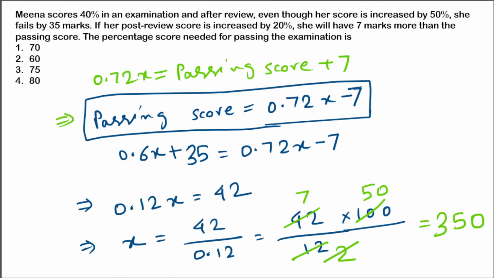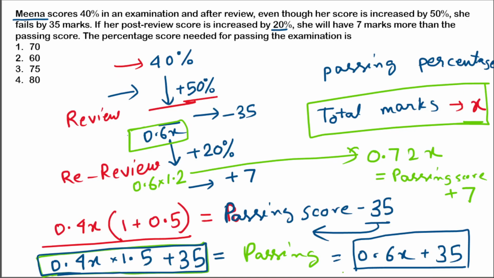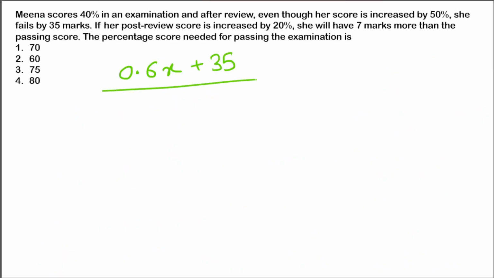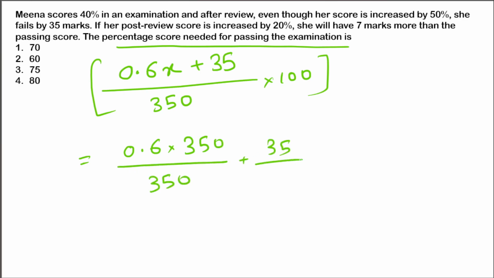Now what was the passing score? If you remember, it was 0.6x plus 35. So this by 350 into 100 will be the percentage score needed for passing. x is also 350, so this is 0.6x by 350 plus 35 by 350, into 100.